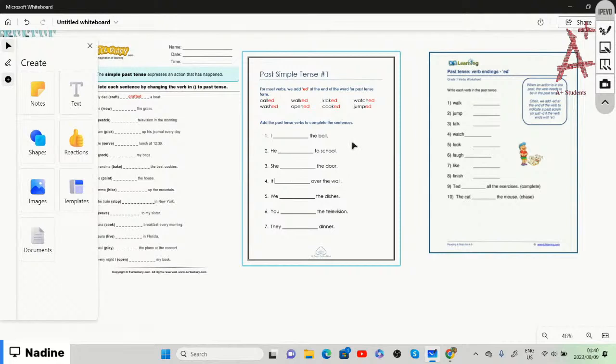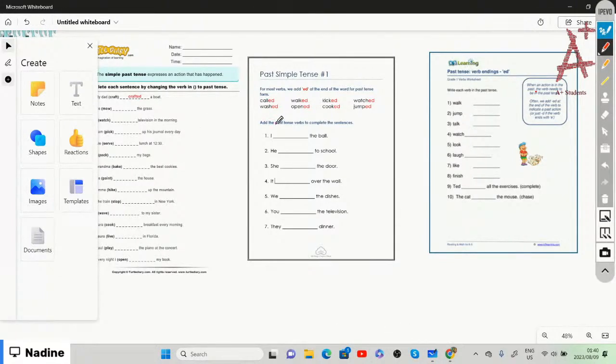We're going to select one of these and put it within the sentences. So, I what the ball, something that they did with the ball. So we can say, I kicked the ball. Then, he walked to school.